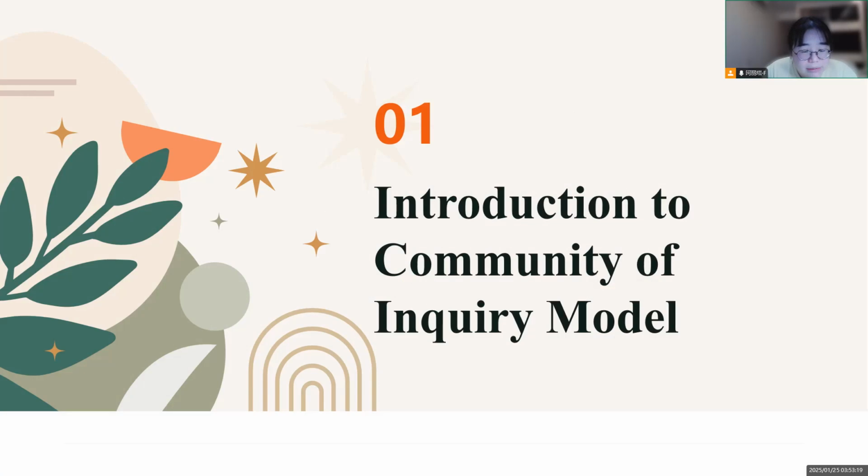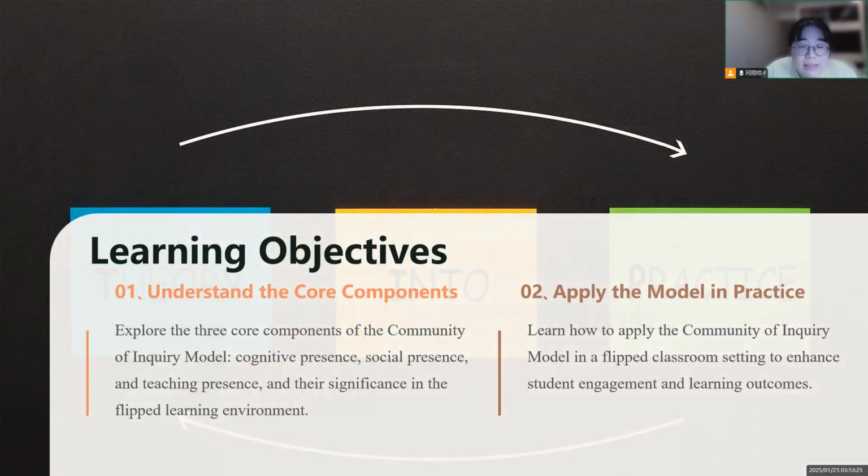This presentation has 3 learning objectives. First, to understand the 3 core components of the COI model and their role in flipped learning. Secondly, to learn how to design and apply the COI model to enhance student engagement.